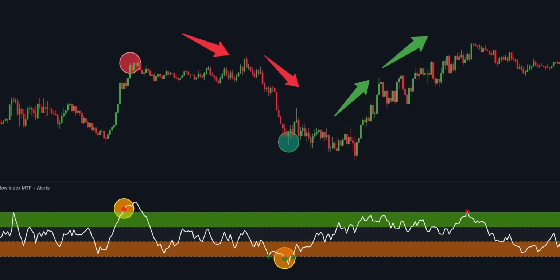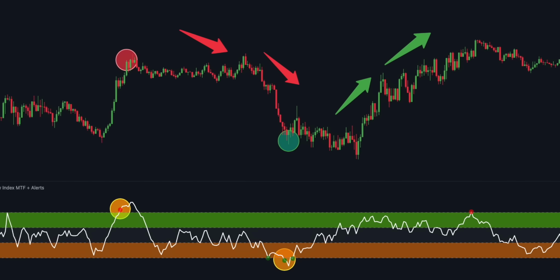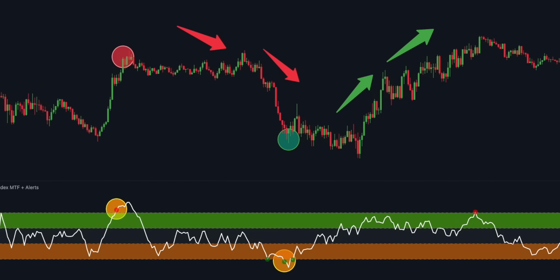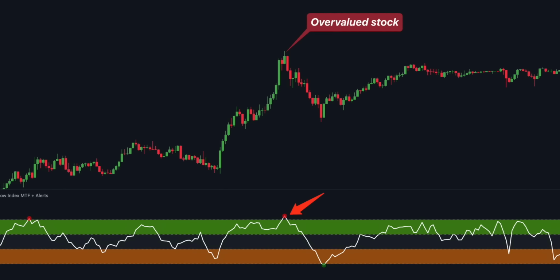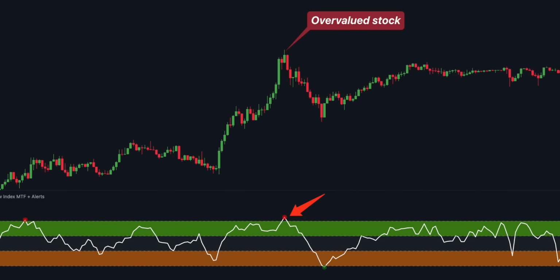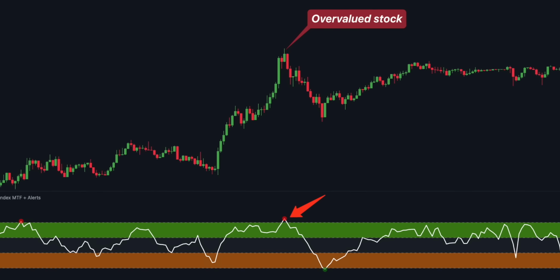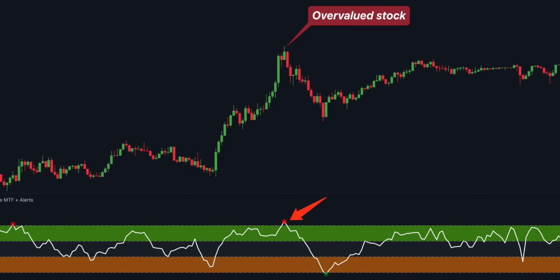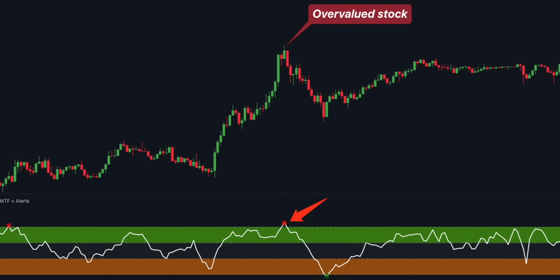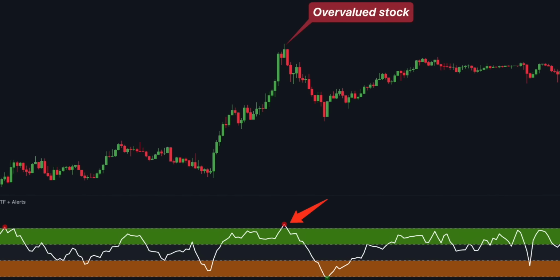However, while RSI only considers price changes, MFI incorporates both price and volume data, making it more comprehensive at capturing the flow of money. The MFI is typically analyzed using overbought and oversold levels. A reading above 70 indicates overbought conditions, suggesting that the instrument might be overvalued and due for a price correction.